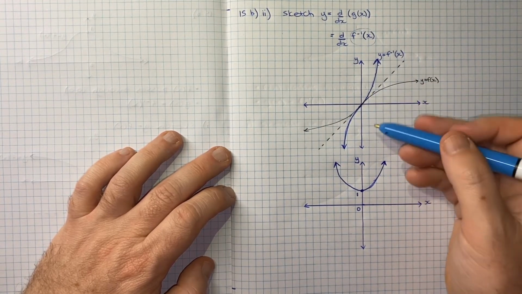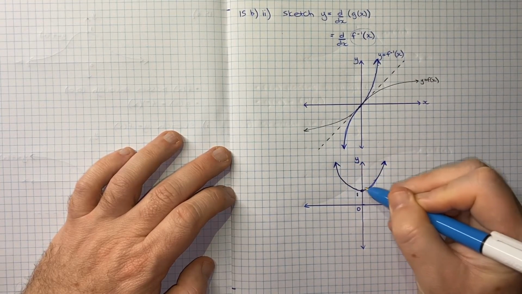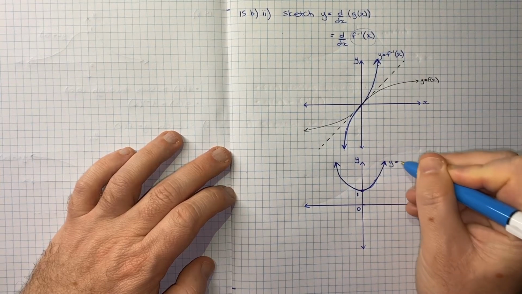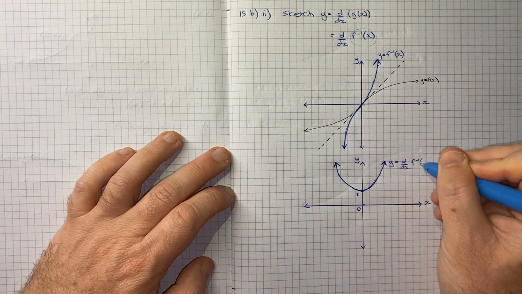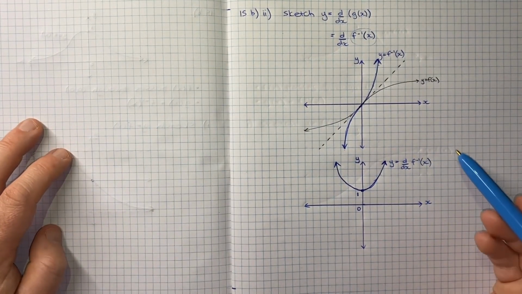But now that we've got our inverse function and we've noted the key behavior, we've now got our curve. So this would be y is equal to the derivative with respect to x of the inverse function of x. Boom! So hopefully that made sense and you found that helpful.